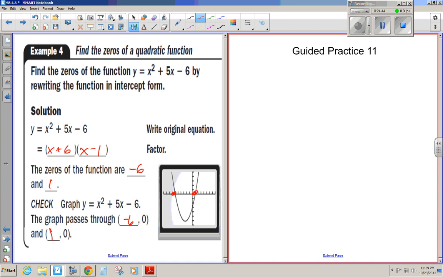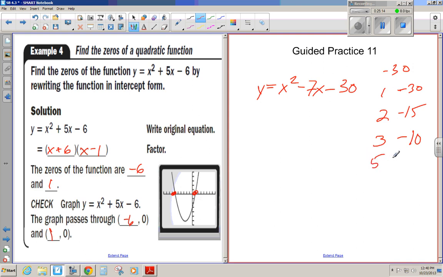Guided practice 11, and then it looks like we're almost done, is y equals. Factors of negative 30 are 1 and negative 30, 2 and negative 15, 3 and negative 10, 5 and negative 6.